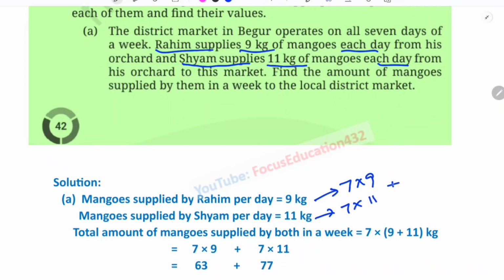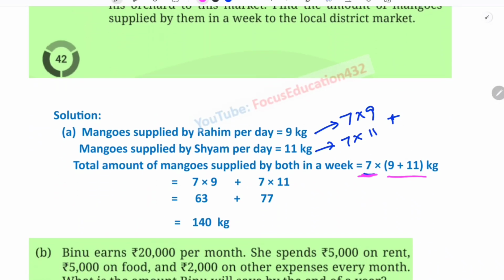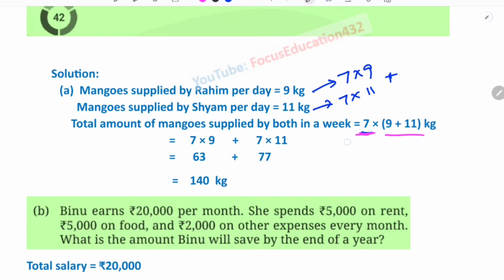So here 7 is common, so we are taking 7 outside. Then we write the other one, 9 plus 11. So 7 multiplied by 9 plus 7 multiplied by 11, 63 plus 77, so we get 140. So this is the expression we are writing, and also we are finding the value here.